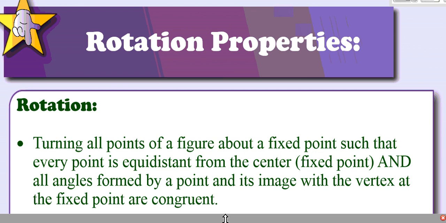Remember, the pre-image and the image will be congruent. The pre-image and the image are going to be the same. So all the angles are the same, all the side lengths are the same. Just turns every point the same angle.